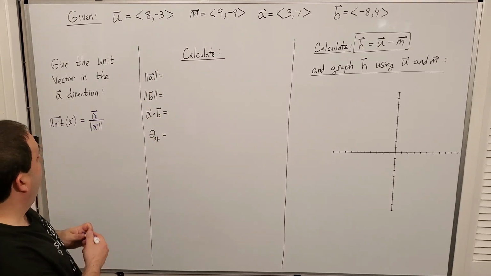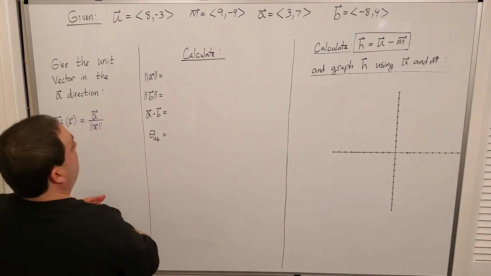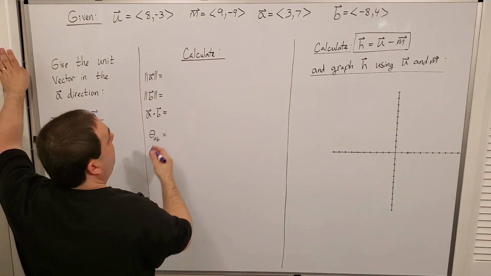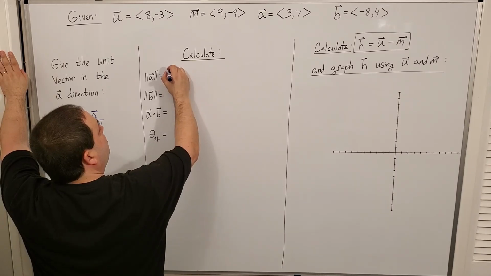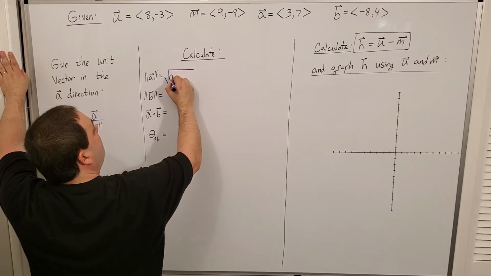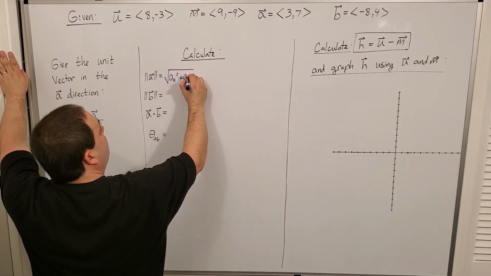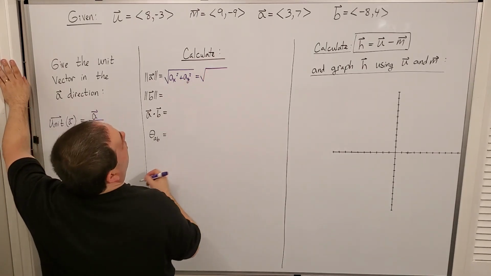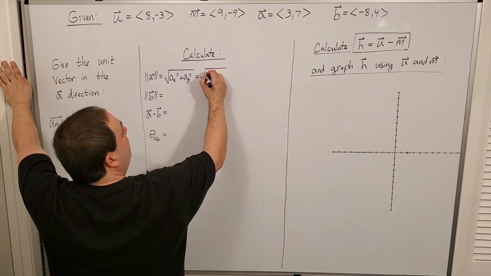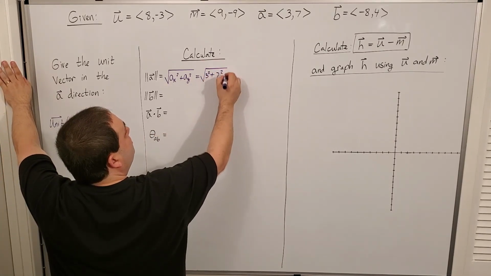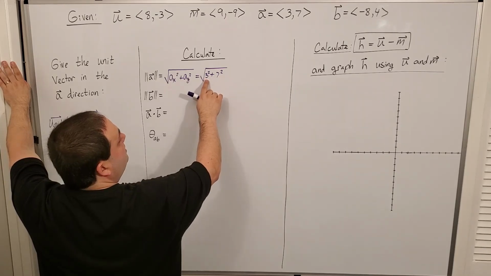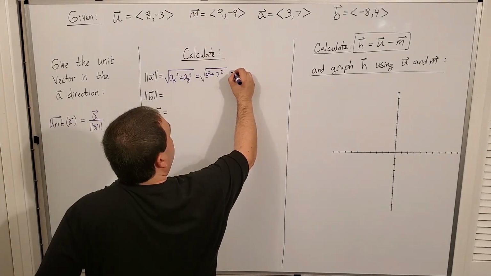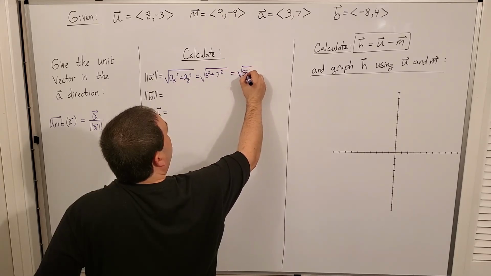So I'm going to just bounce over here real quick and answer this. I need the magnitude of A. So I'm going to calculate the magnitude of A. That's just going to be the square root of ax squared plus ay squared. That's going to be the square root of 3 squared plus 7 squared, right? So that's 9 and 49, 58. The square root of 58.